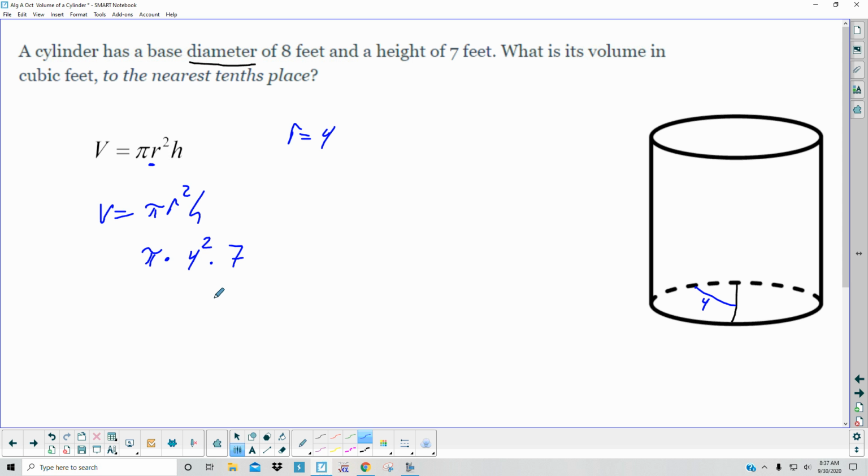Then you grab your calculator and go pi times 4 squared times 7, and you get 351.8583777, and so on. You want to round to the nearest tenth. You look at this number, it's 5 or more, so you round that up. 351.9 would be your answer.